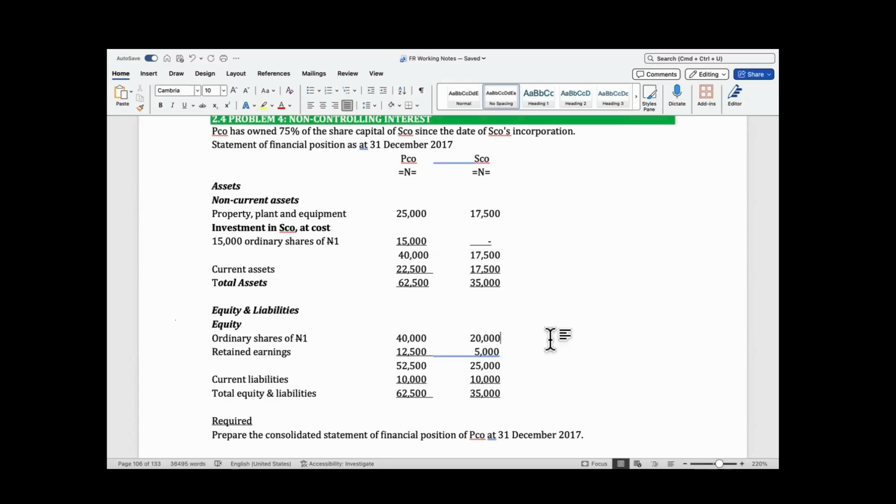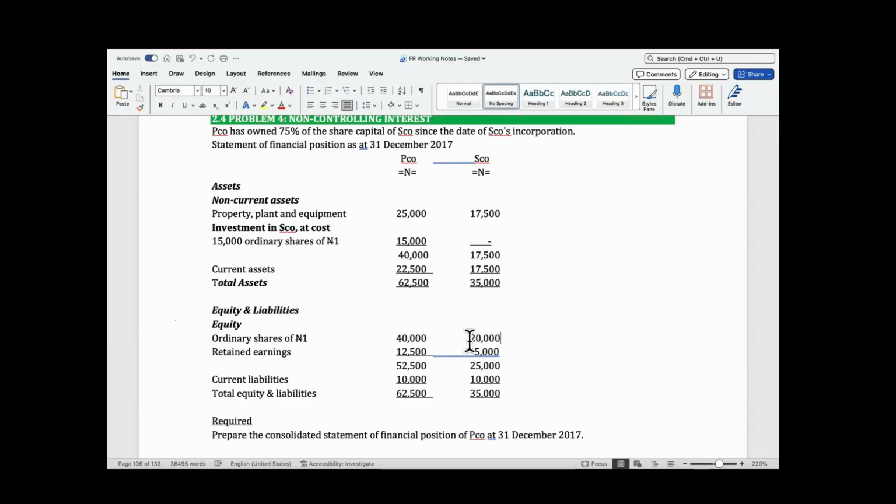It represents what you own in that company. So the 5,000 here is not owned by the parent. It is owned by people outside of the group. It is therefore not share capital to the group.